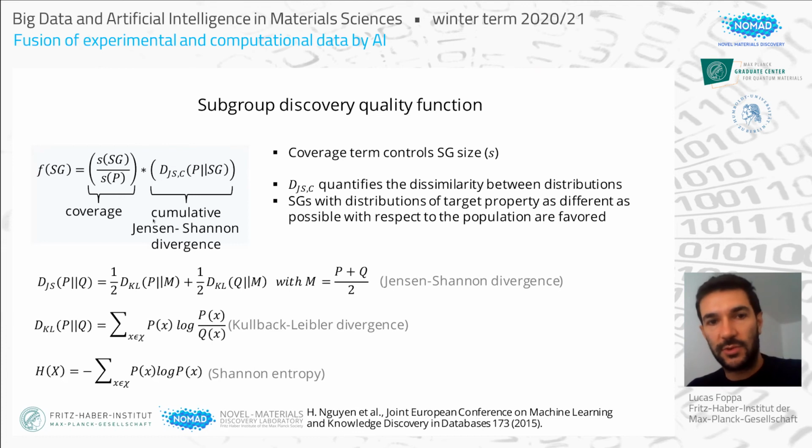By using this quality function, we are searching for subgroups that have the distribution of the target property as different as possible with respect to the population. So the larger this measure is, the more different is the distribution of the subgroup with respect to the population.